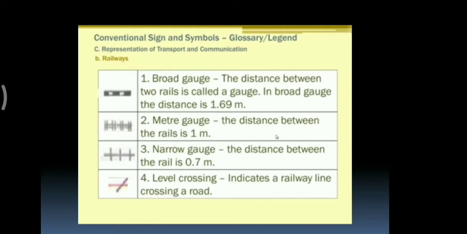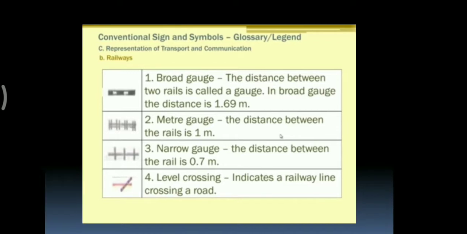Meter gauge, the distance between two rails, is 1 meter. Narrow gauge, which does not exist at this time in India, is 0.7 meter. Level crossing indicates this structure. So you must remember it.